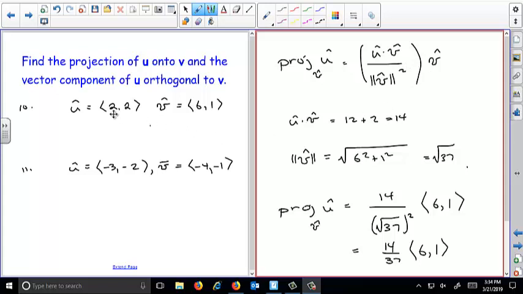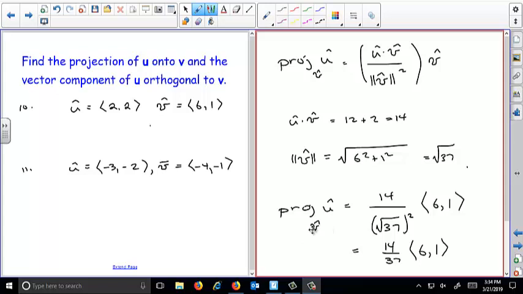So for this first problem, u dot v, we take 2 times 6 plus 2 times 1, which is 12, plus 2, 14. The magnitude of v is the square root of 6 squared plus 1 squared, which is the square root of 37.